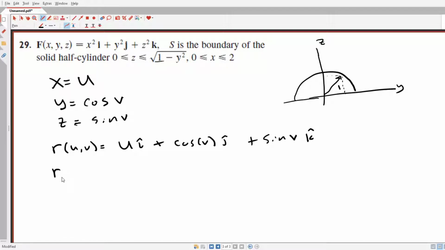Okay, so Ru, the derivative with respect to u, is going to be 1 plus 0 plus 0. Rv is going to be 0; the derivative of cosine is negative sine, and the derivative of sine is cosine. So Rv is 0, minus sine v, cosine v.